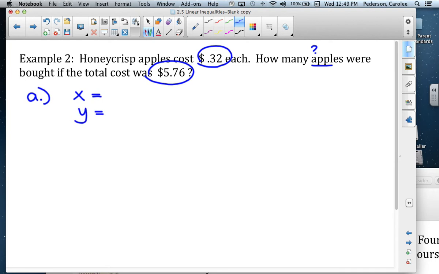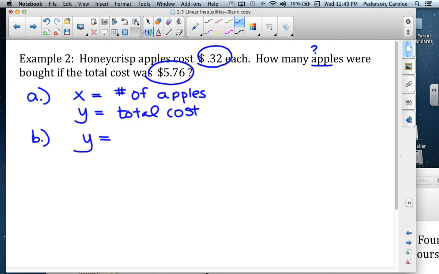So in this case, X equals the number of apples, and Y represents the total cost of those apples. Part B, set up the equation. The total cost equals 32 cents for every apple.